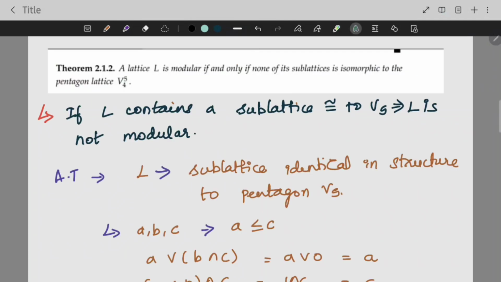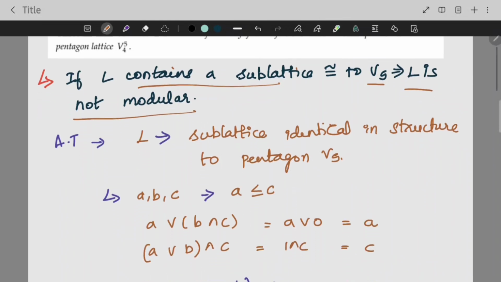Now, for the forward direction, assume that L contains a sublattice identical in structure to the pentagon V5.